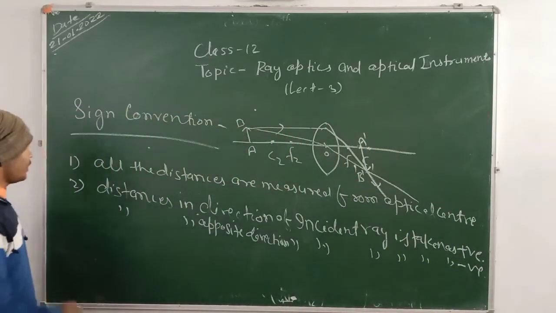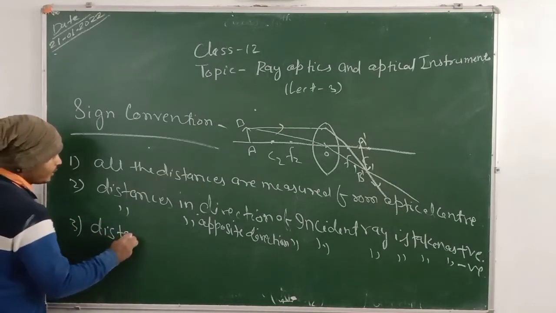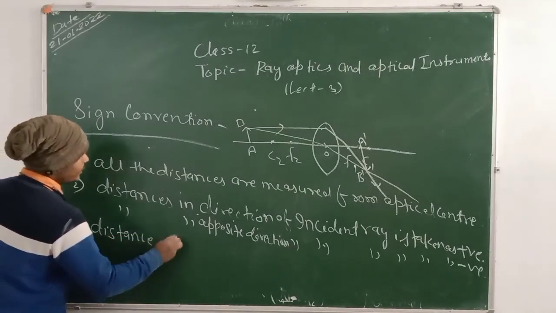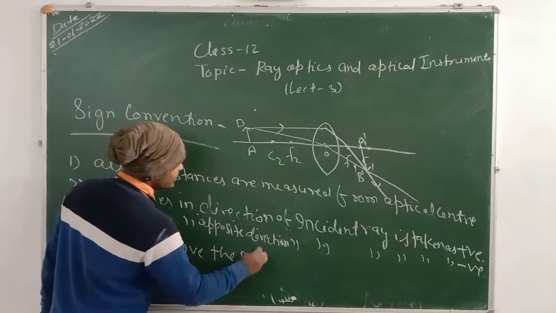And the third sign convention is distances above the principal axis.